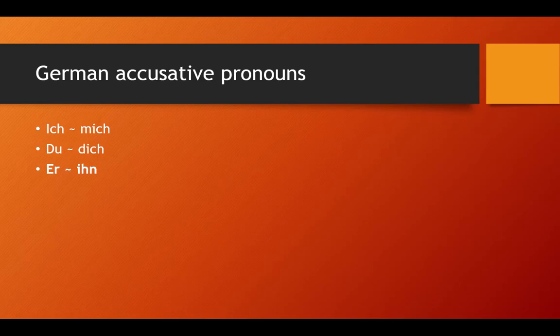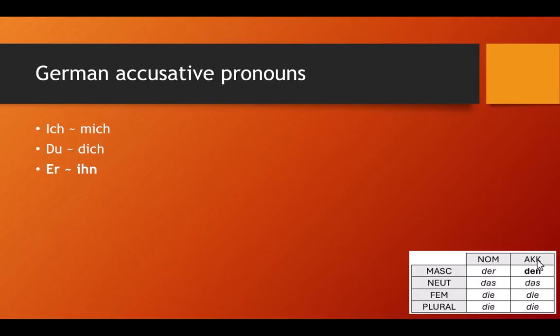Ihn, and I want to point out right here, as we go through this, we'll notice that in the accusative for the articles, the only one that changes is the der form. That's true for the singular pronouns too. Er becomes ihn, but the other ones stay the same. So sie just stays sie, and es just stays es, again like English, well, not the she part, but the it part for sure.